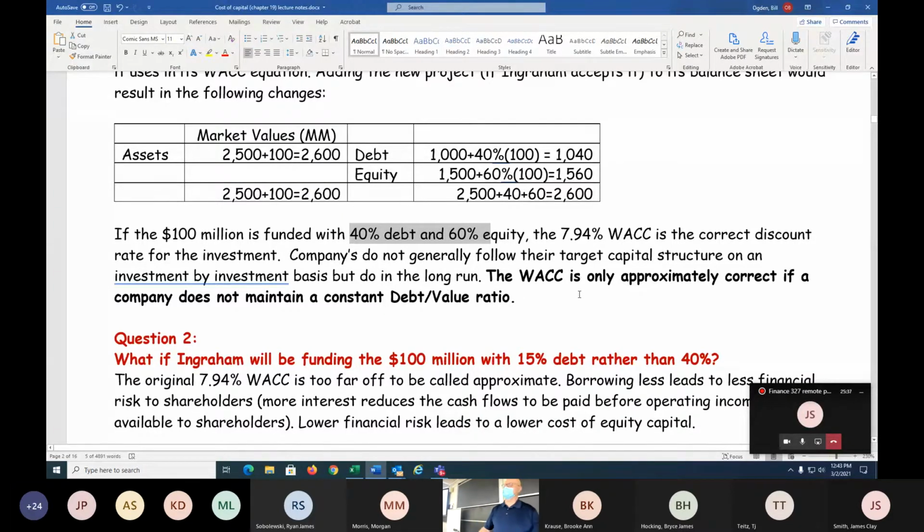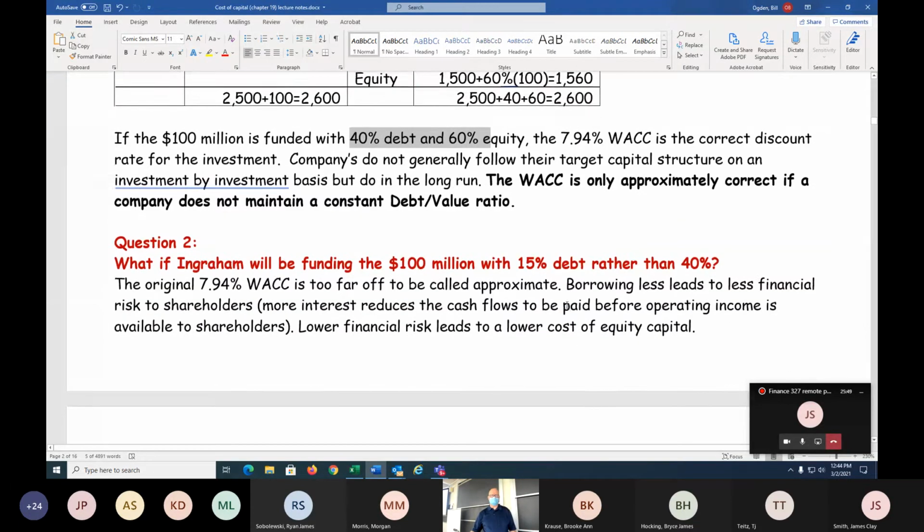So what happens if they're not funding 40, 60? What do you have to do? There's actually two things you can do, but we're going to go through one of them right now. Now, what's approximate? That's always a good question. But let's make the assumption that 15% is not approximately 40.